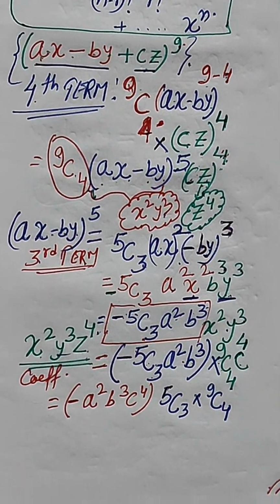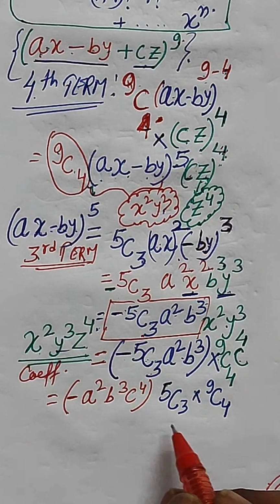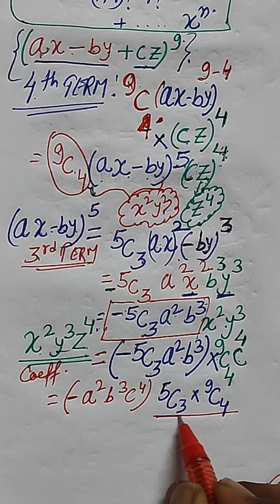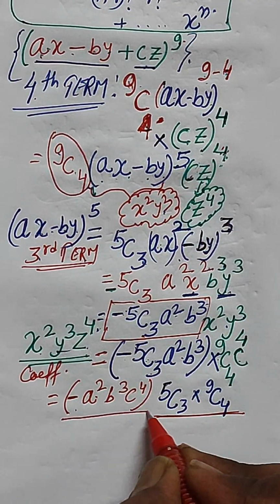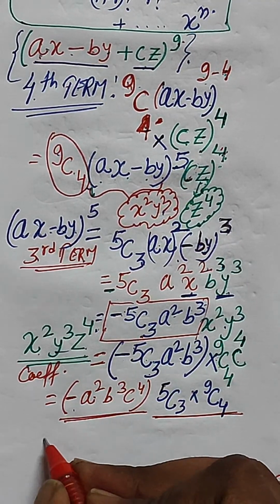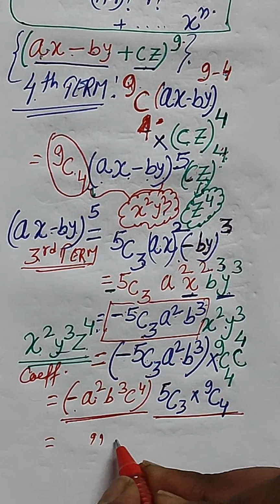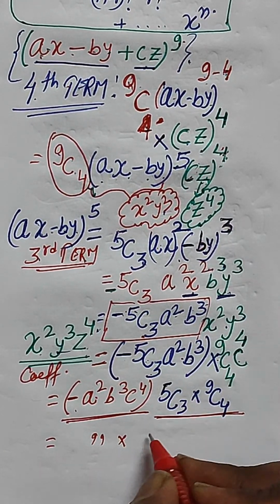So just solve this, 5c3 and 9c4, because this cannot be solved further. So this will be giving you this one as it is, multiplied with 5c3.